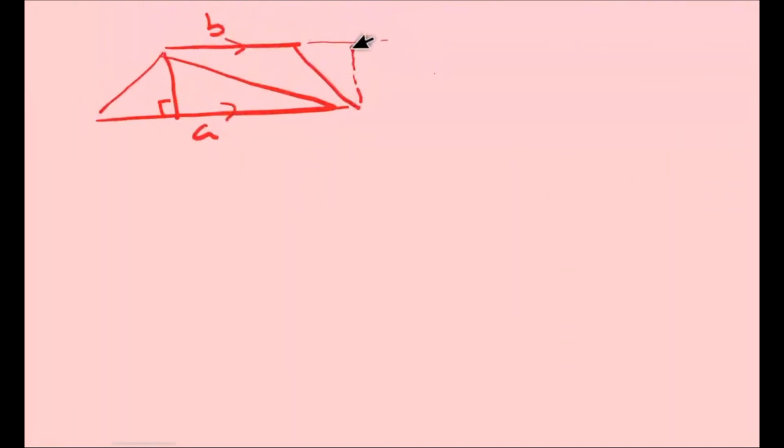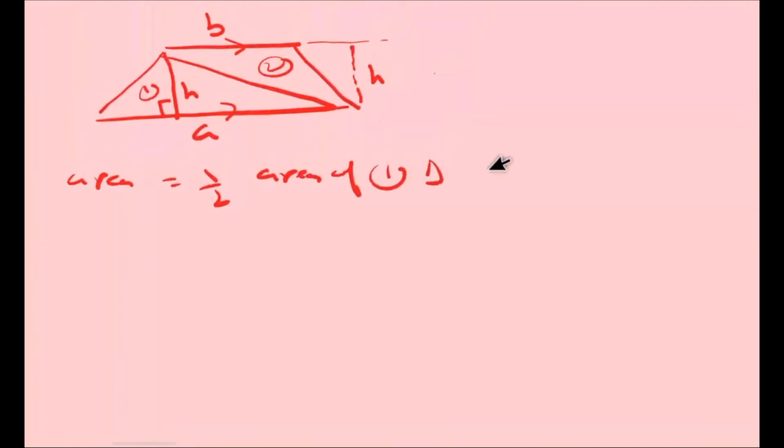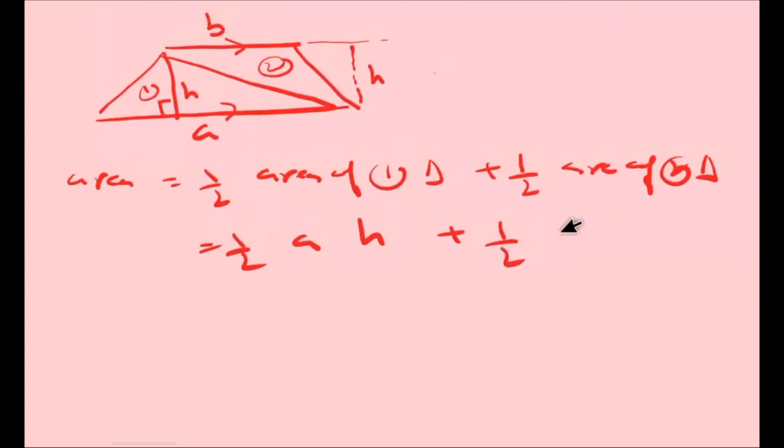Let this one be the first triangle, this one the second triangle. Area equals area of first triangle plus area of second triangle, half A into H plus half B into H. So we can take the common half H, and we are finding here A plus B.